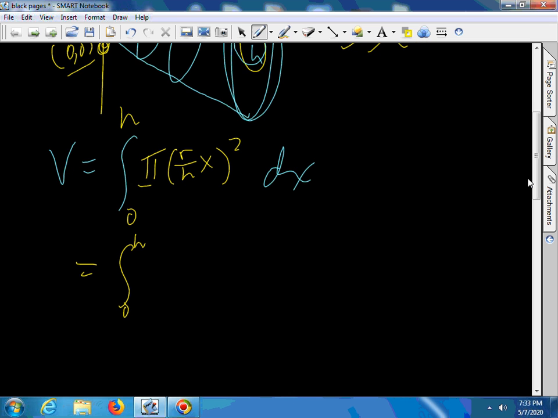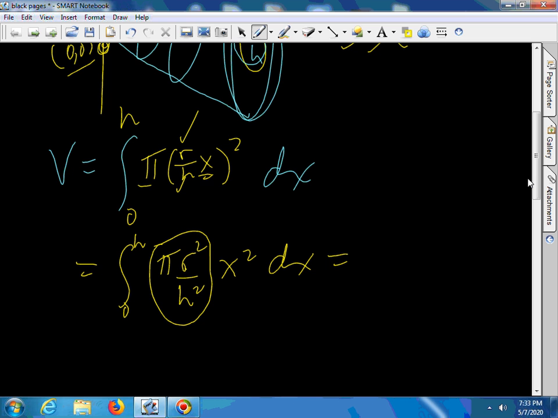Integral from 0 to h, you have pi times r squared over h squared times x squared dx. And this, having nothing to do with x, can be factored in front. So we have pi r squared over h squared times the integral of x squared dx from 0 to h.